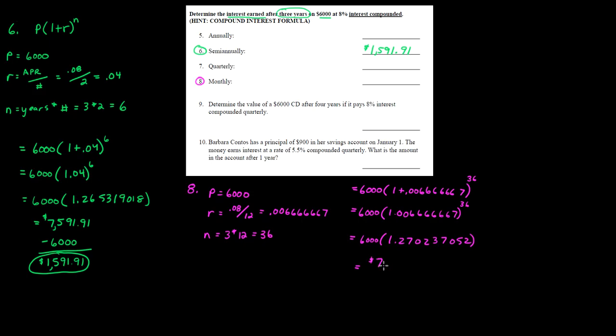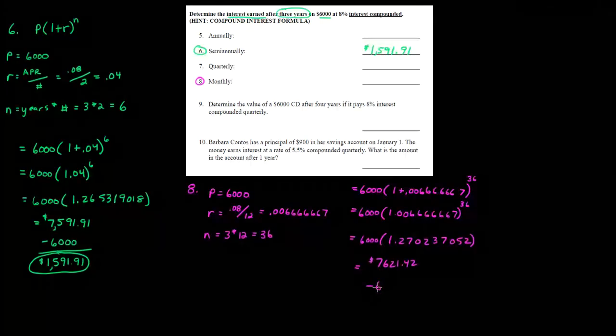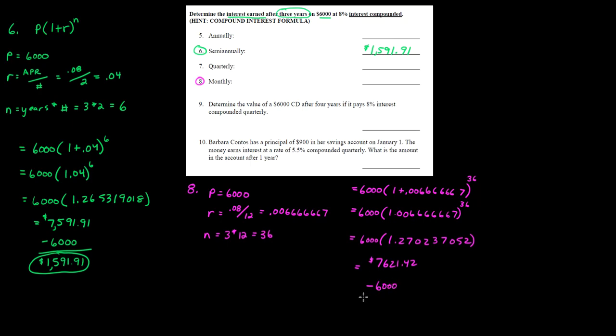I'm going to get 7,621.42. That's not my answer. I want to subtract the original investment to get the amount of the interest, and I end up with $1,621.42. That's the number I'm looking for. That's the number that's going to go in right here.